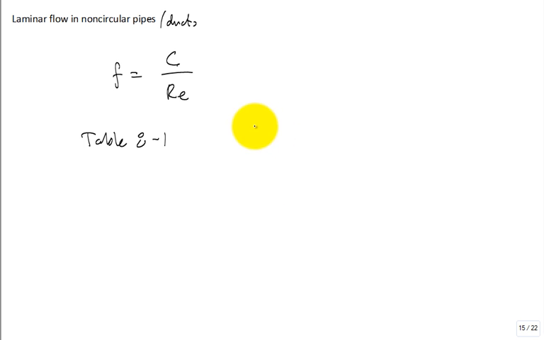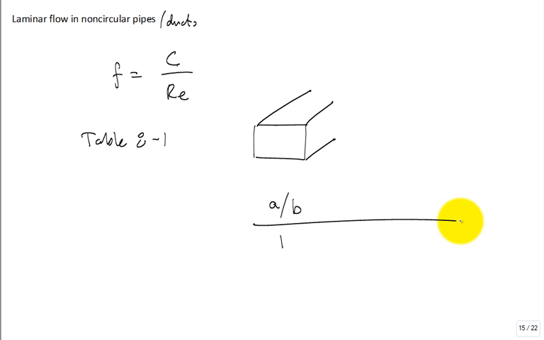Let's say if I go back to that rectangular duct and they say, well, if A divided by B is 1, then that constant or the friction factor is 56.92 divided by the Reynolds number. That constant's not 64, it's less.